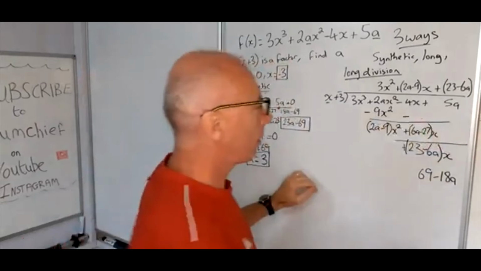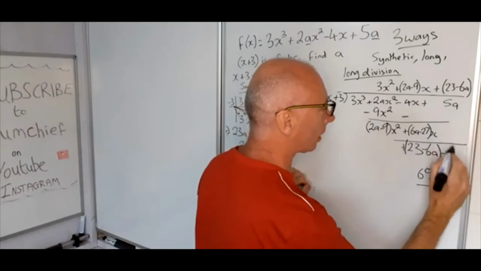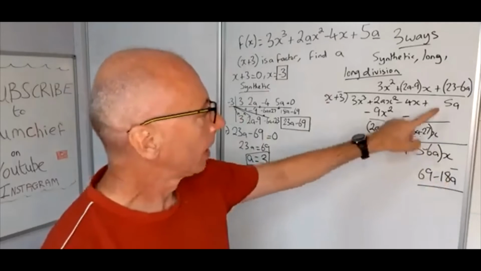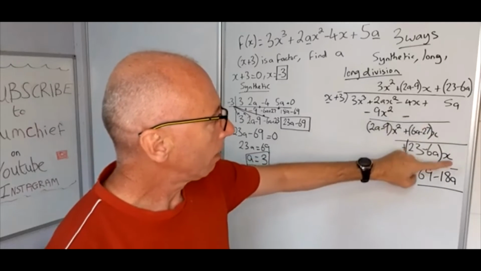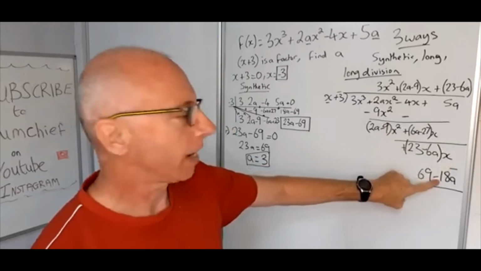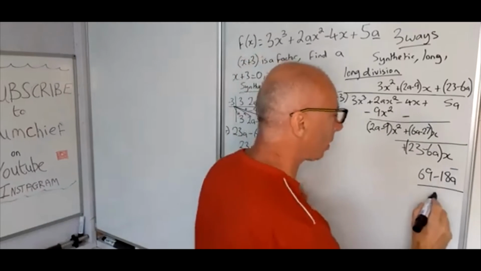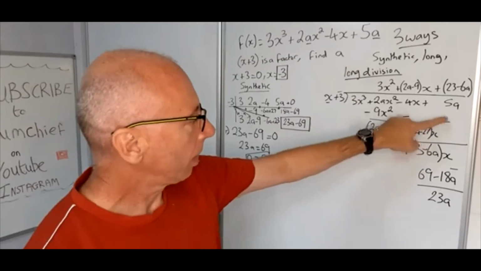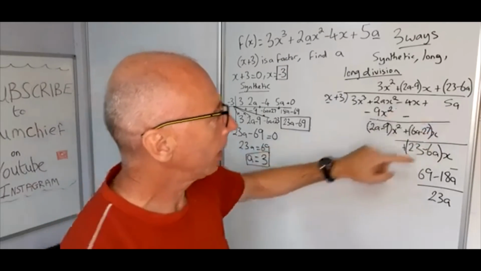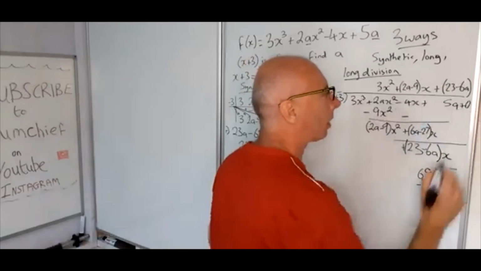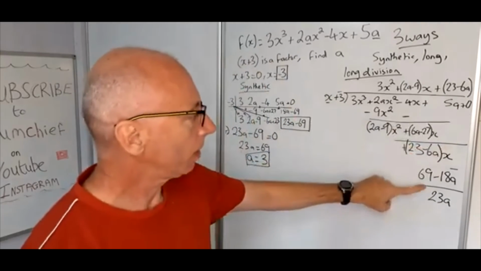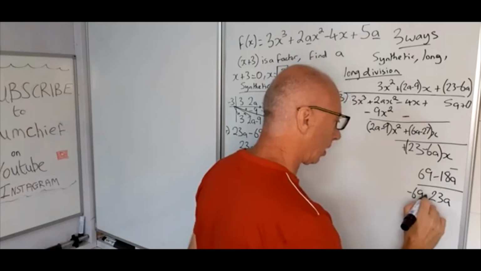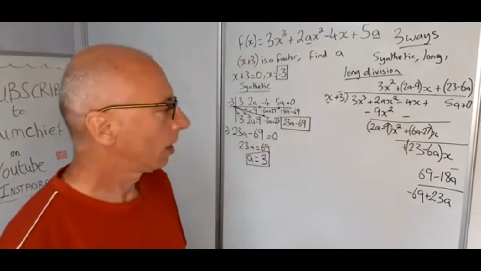This 5a, we're now going to subtract that from this 69 minus 18a. So 5a minus 18a will give us 23a. And 0, so there's no coefficients in there, you could have 5a plus 0 in fact. So 0 minus 69 will give us minus 69. And we can put a plus sign there.